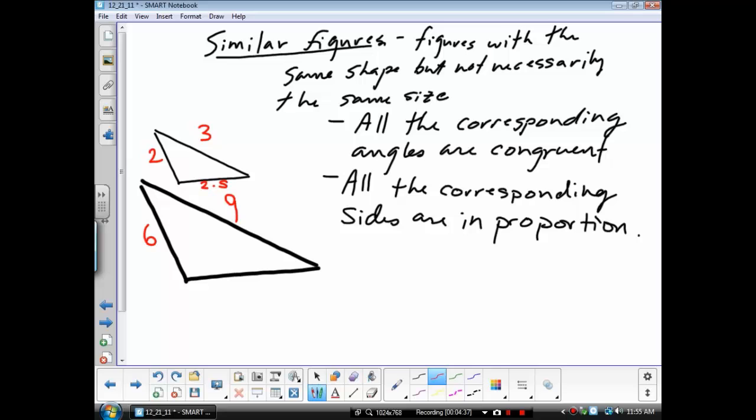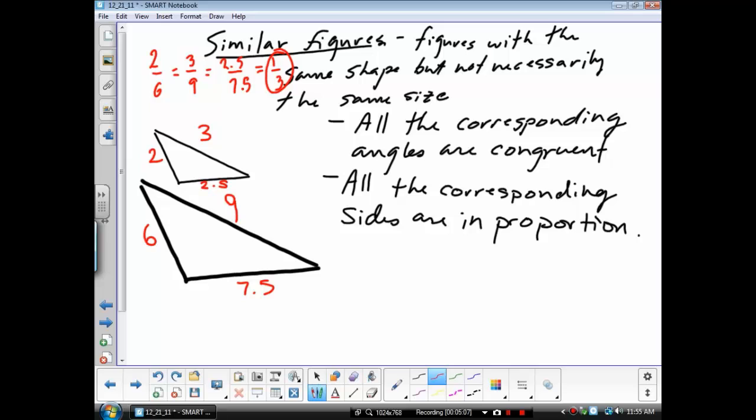So 2.5 times 3, 7.5. Now, when you set each of these sides as a fraction, 2 is to 6 as 3 is to 9 as 2.5 is to 7.5, we find that all of them reduce to 1 to 3. That ends up being the scale factor.